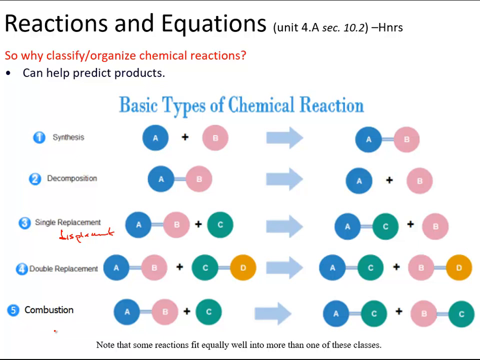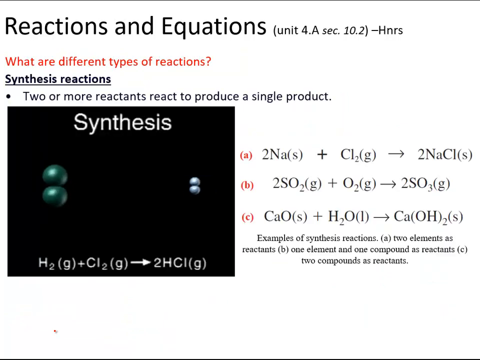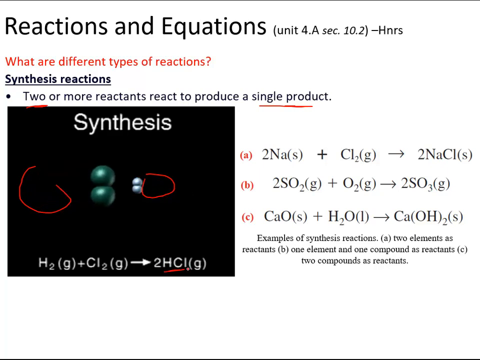So let's get started. So chemical reaction number 1, synthesis. So in a synthesis reaction, we have 2 or more reactants producing a single product. And in this case here, we have hydrogen gas reacting with chlorine gas. Now these reactants are going to rearrange themselves to create one new product.